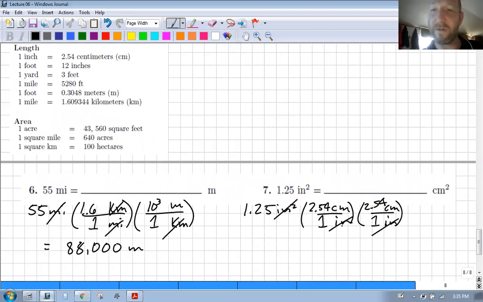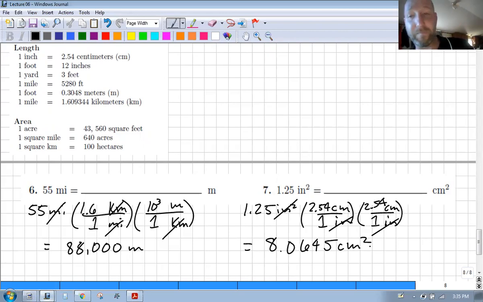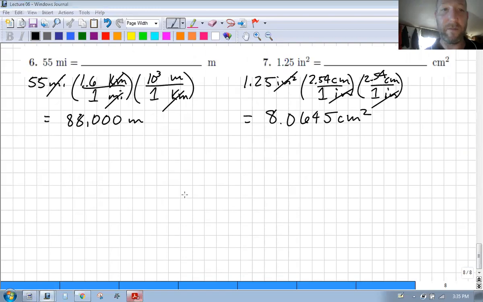All the inches go away. We're left with centimeters times centimeters. We got 1.25 times 2.54 times 2.54. 8.0645 centimeters squared. All right.